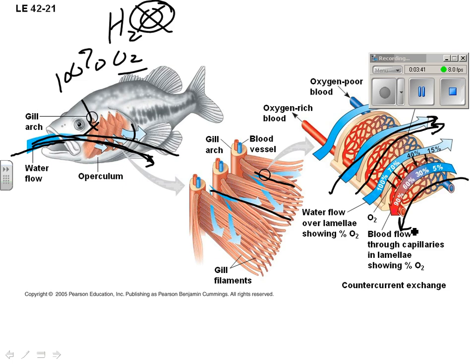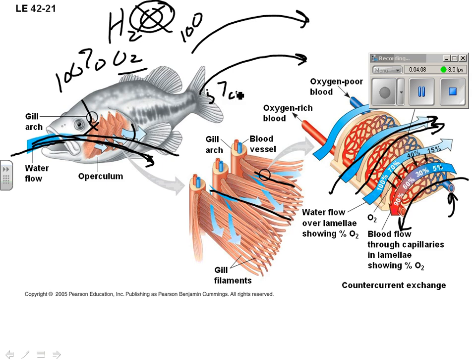Well, I think it's easiest to show this by showing the opposite way first. If blood flowed in the other direction. Okay? And so if we look at it this way, if water flowed in this direction, and water came in at 100% oxygen here, and blood flowed in this direction, and blood came in at, we'll use the number they have over there on the thing, 5% oxygen.